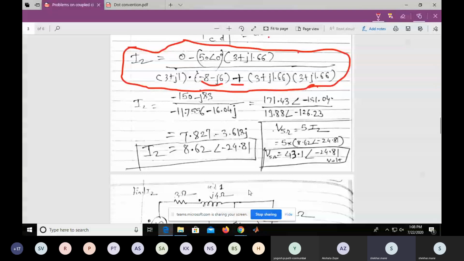That's why we have to use the polar form. And then our task is to find the voltage across 5 ohm. So V 5 ohm is equal to 5 into I2. So 5 into 8.62, you can multiply, keep the angle as it is. So the answer will be V 5 ohm is equal to 43.1 angle minus 24.81.